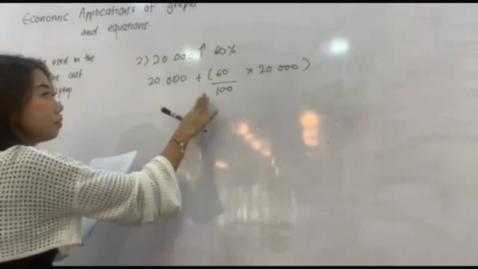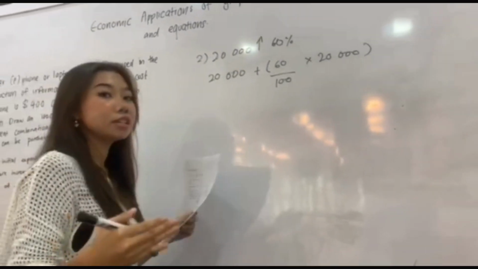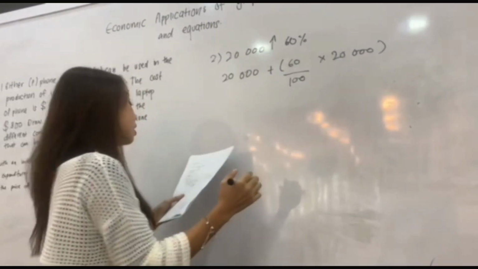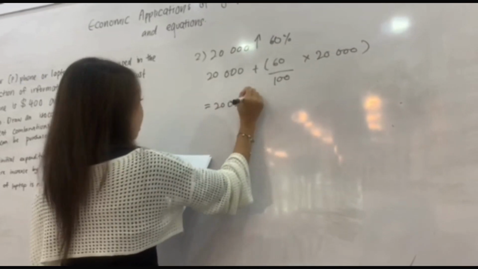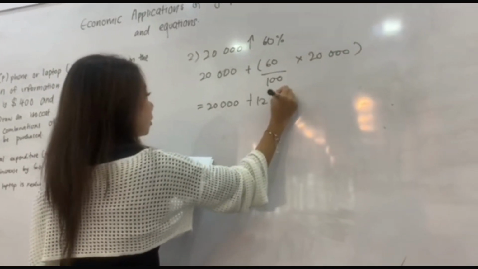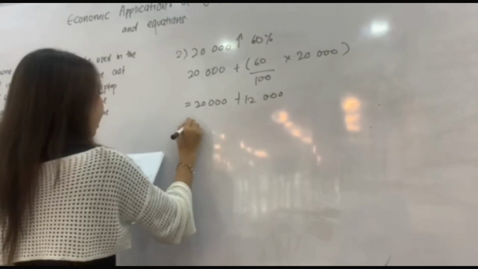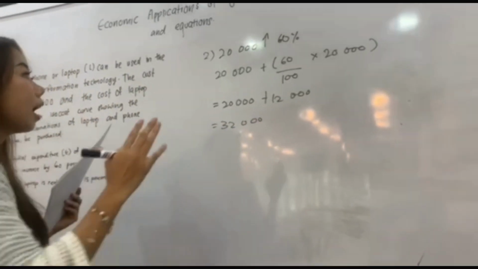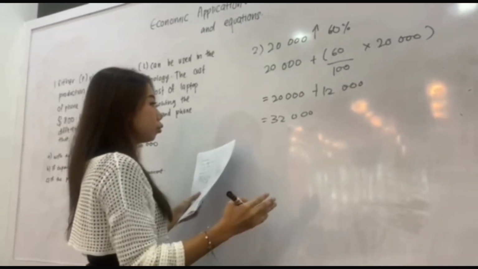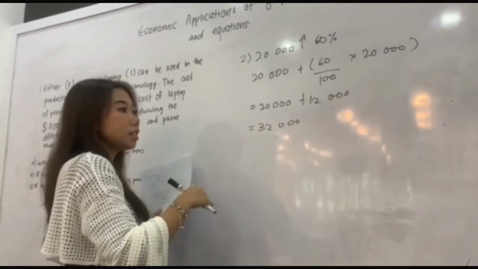So this is the formula, which we need to do first before doing the working. So equal 20,000 plus 12,000. So we get 32,000.